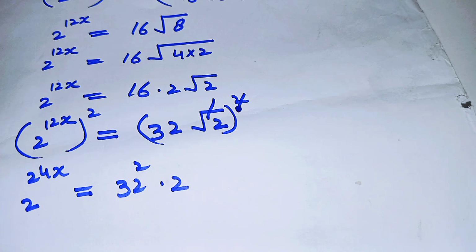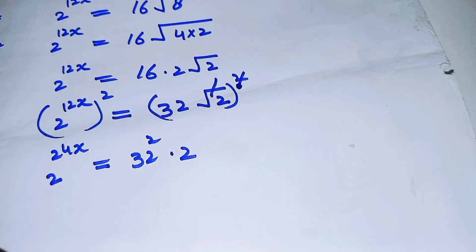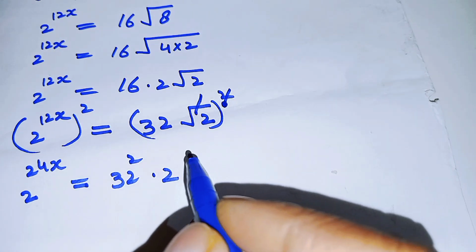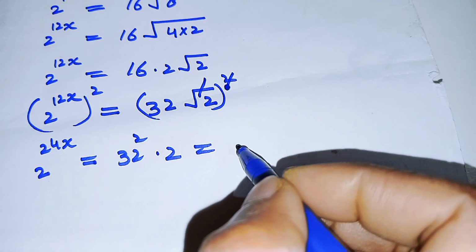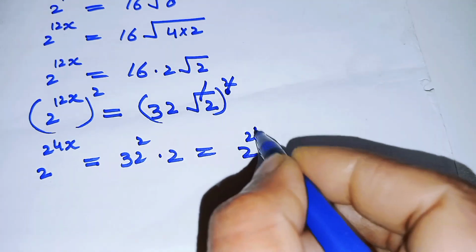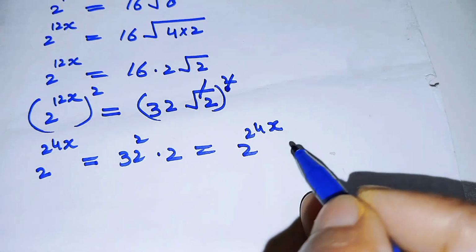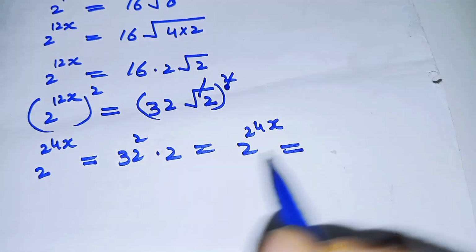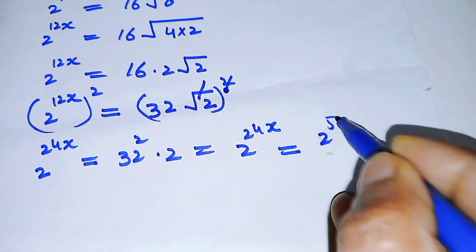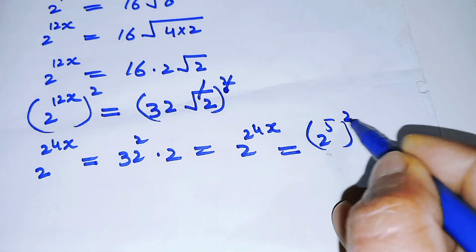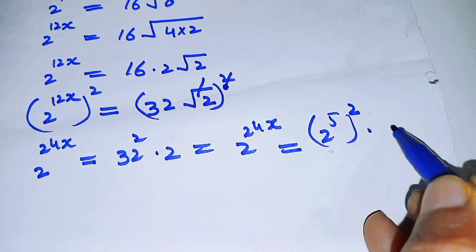Now we can write 2 to the power of 24x is equal to 32 written as 2 to the power of 5, and the whole to the power of 2, times 2.